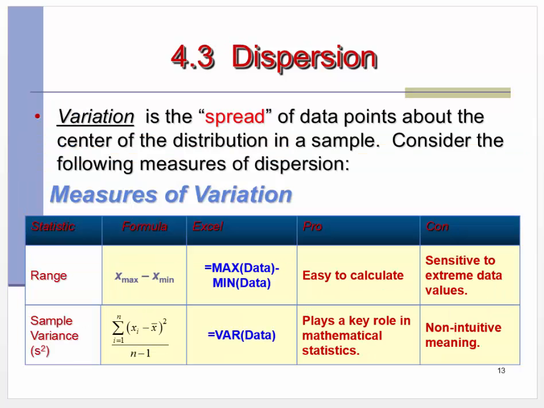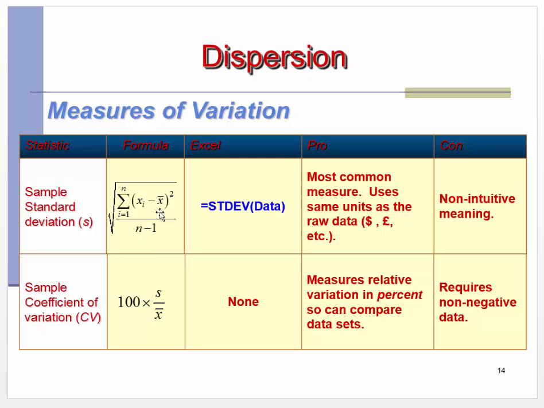If you look at the equation for variance, keep in mind this one. And then let's look at the standard deviation. What is the difference? You can see under the square root sign, that's exactly the variance. And we call the sample standard deviation S. Remember, the variance is called S squared. So the square root of S squared, of course, is S.